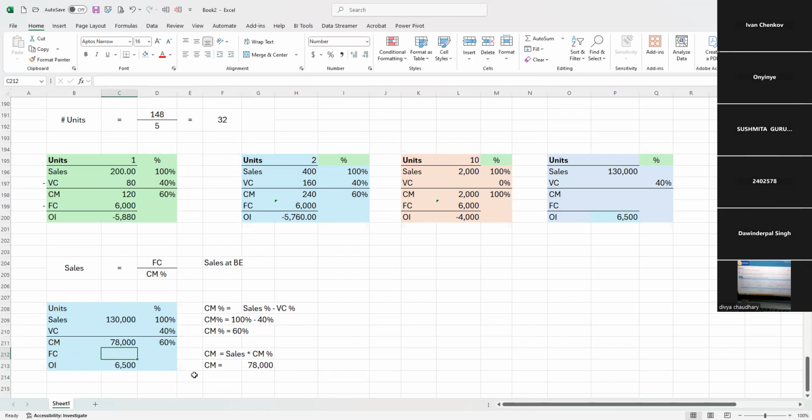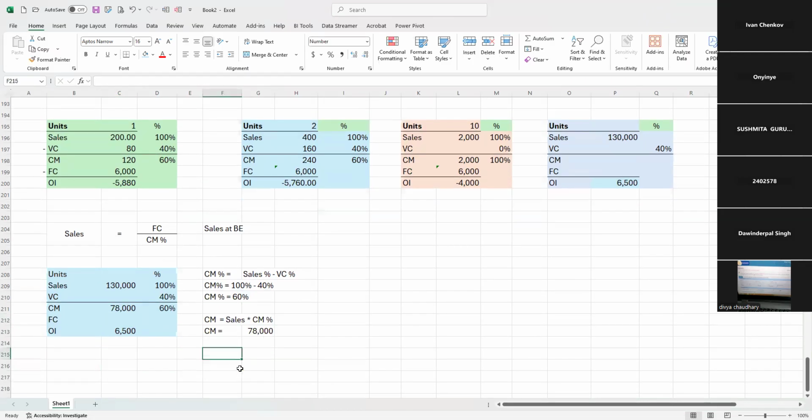At this point, can I get my fixed cost? I know that my contribution margin minus the fixed cost is equal to operating income. So fixed cost is equal to contribution margin minus operating income.